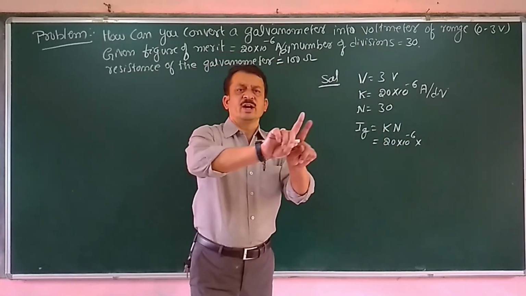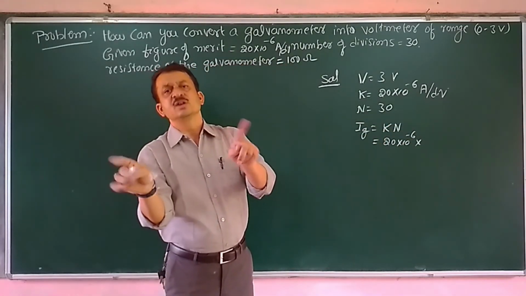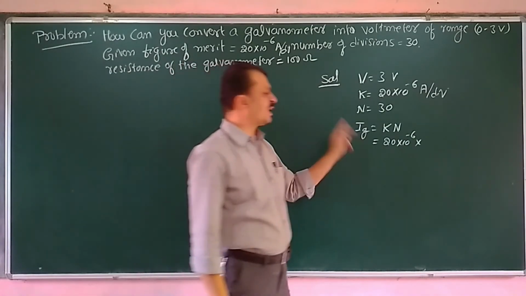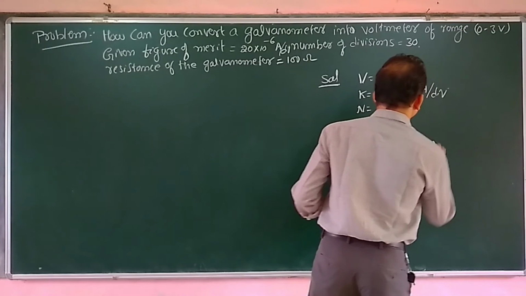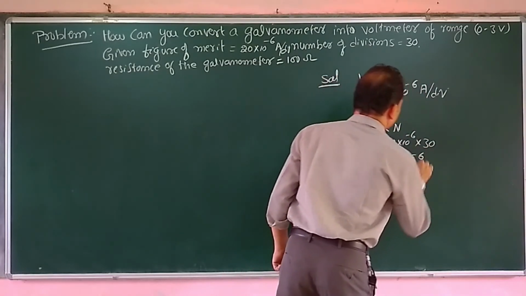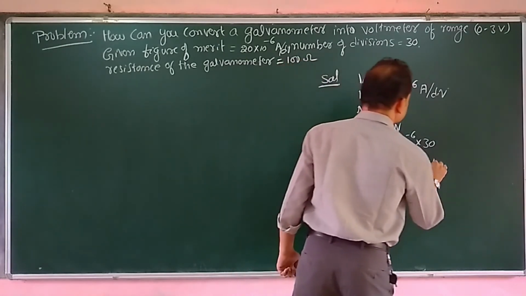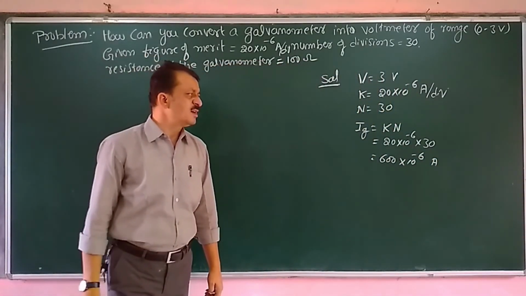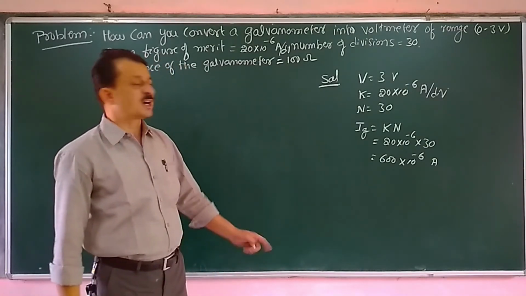In order to get from 0 to 30 divisions, the current required, that we call the full scale deflection current, is 600 into 10 to the power of minus 6 amps.